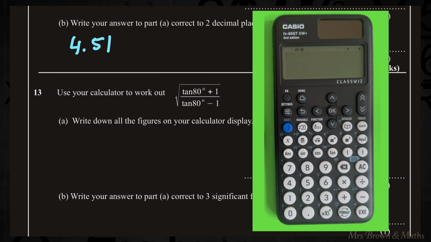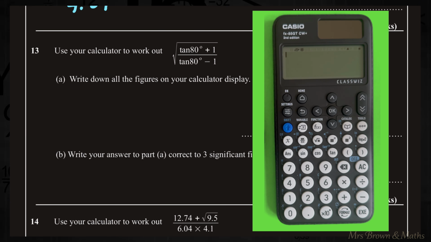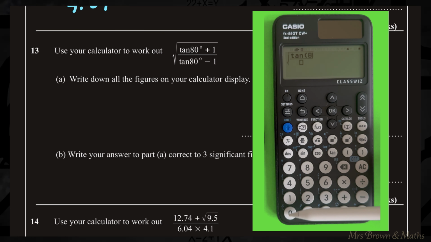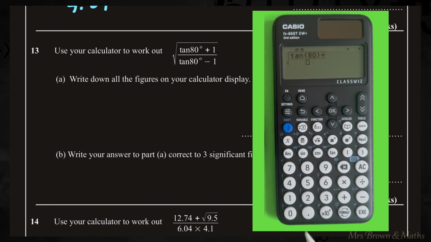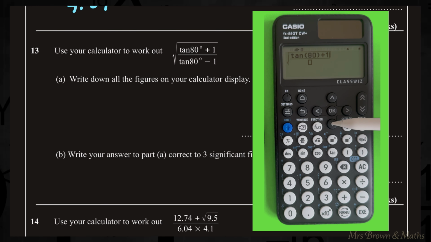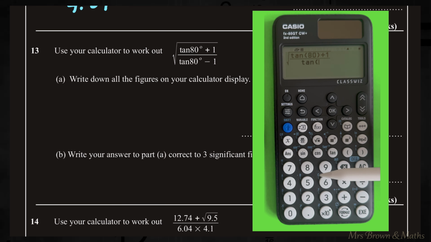Question 13. Okay. First of all, I will click square root. Then we have fraction. Click fraction. Top. Tangent 80. Brackets. Add 1. Use arrow to move to the denominator. Tangent 80. Bracket.